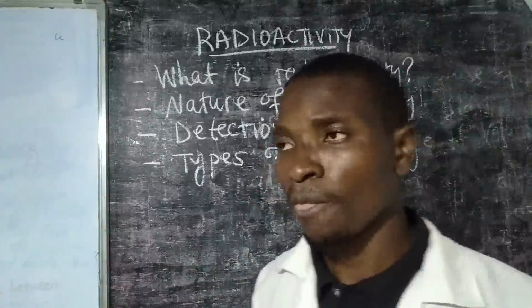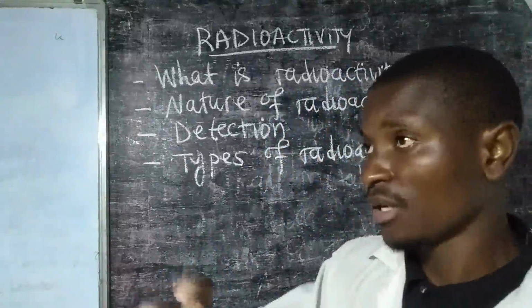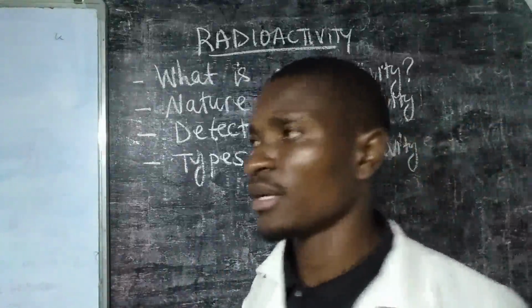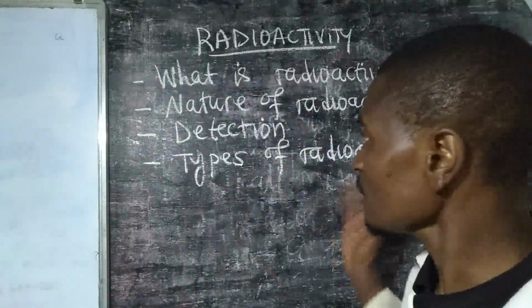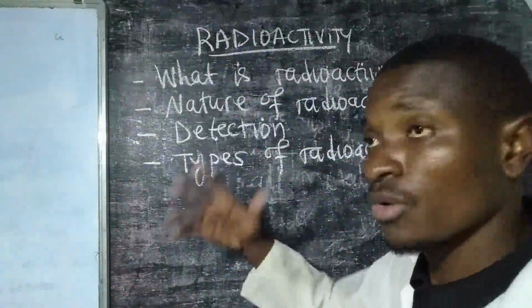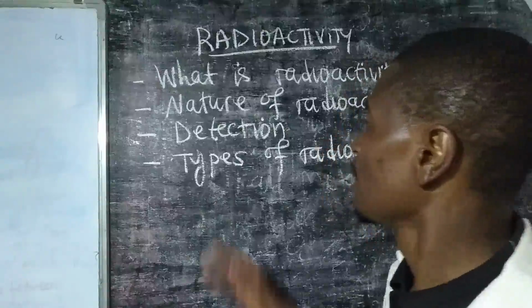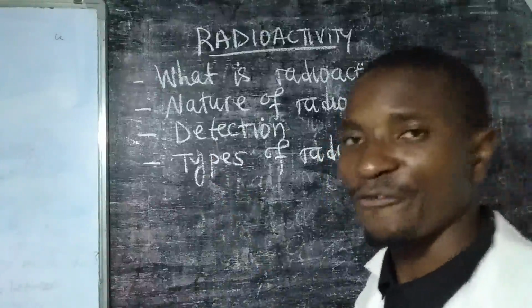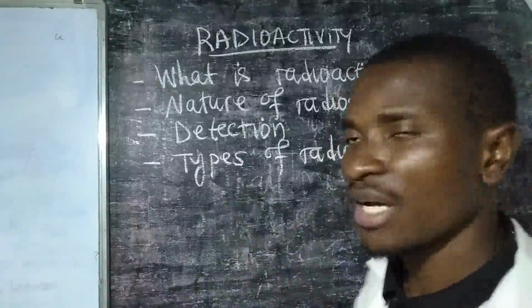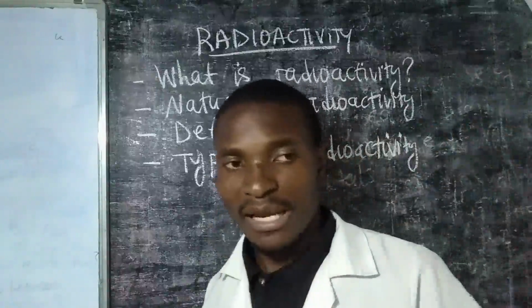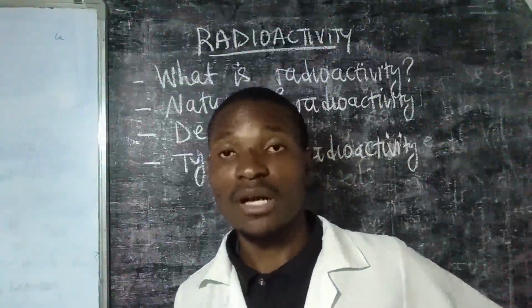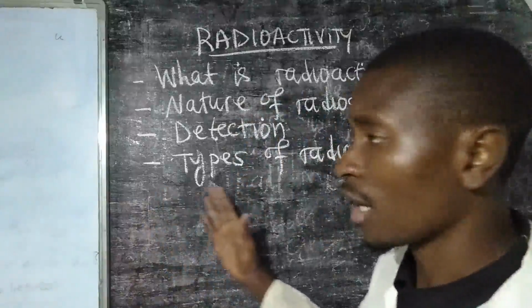So we can use the counter to measure the doses, or rather the levels, that source is producing. And there's also, of course, the cloud chamber, as well as the diffusion chamber, and so on, as well as the types. And then in that video, our main focus will be on the decay.